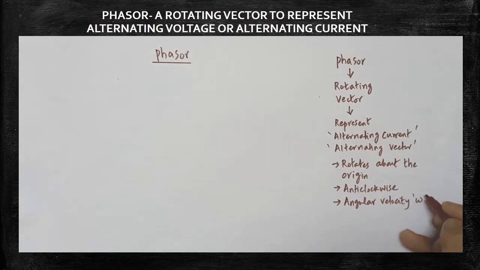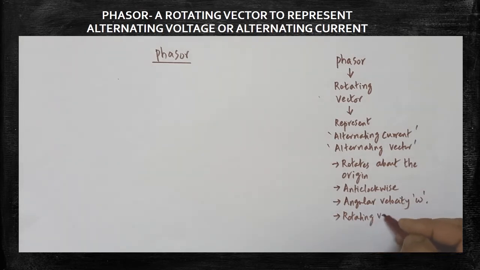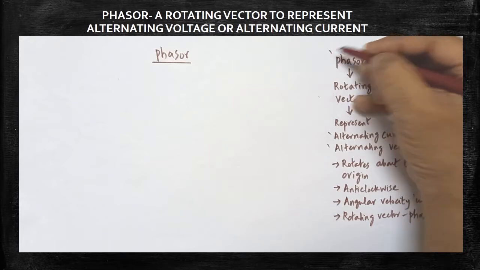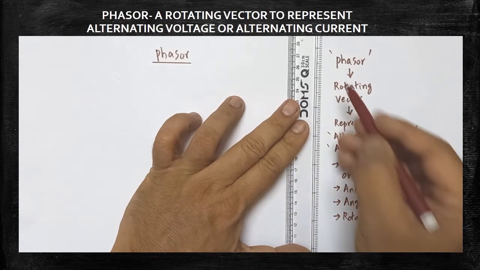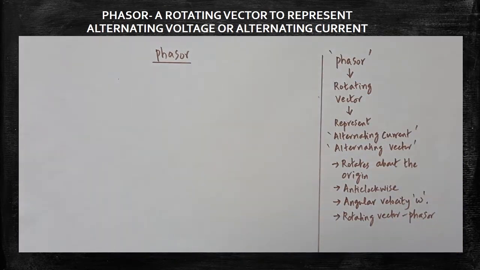Such a rotating vector is called a phasor. So these are the hint points about the term phasor. You have to understand the meaning of the phasor by using these hint points. Make a note, very important.